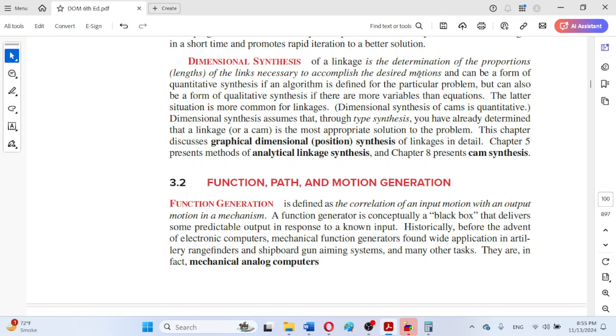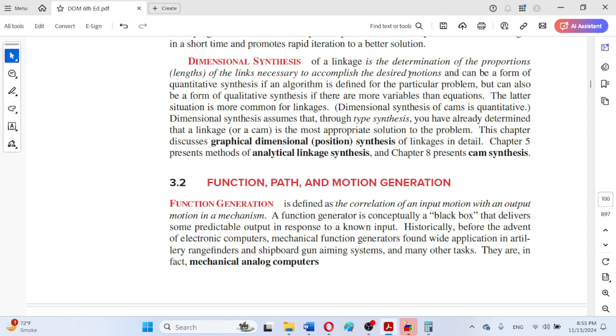For example, the Grubler formula may give us a 1 DOF mechanism, but if we fabricate wrong dimensions or wrong sizes of the links, we will not obtain a 1 DOF mechanism, because the links may be partially moving or not moving at all.